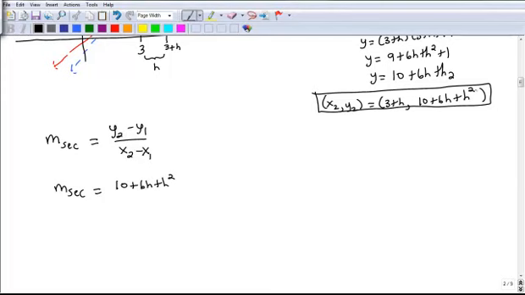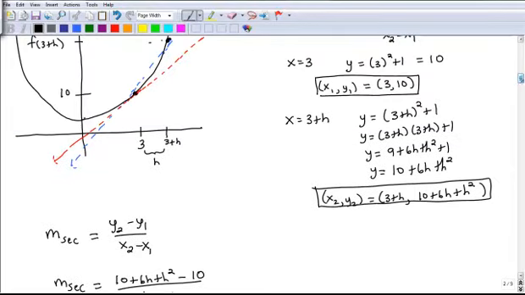Aha, that was just a subscript error there. I wrote h sub 2, but it should be h squared. I just copied it down wrong. Minus my y1, which is 10, over my x2, which is 3 plus h, minus my x1, which is 3.